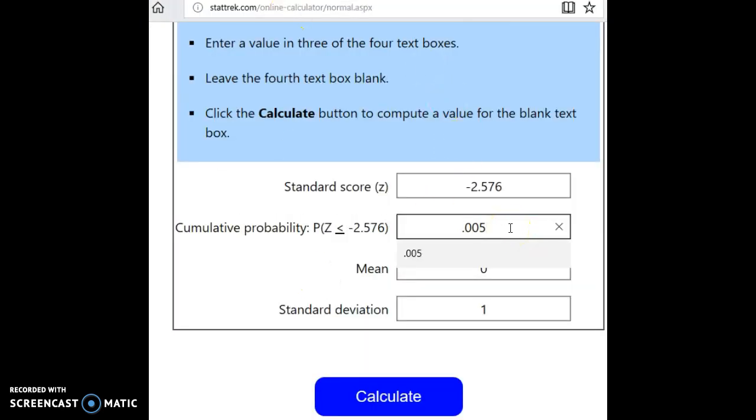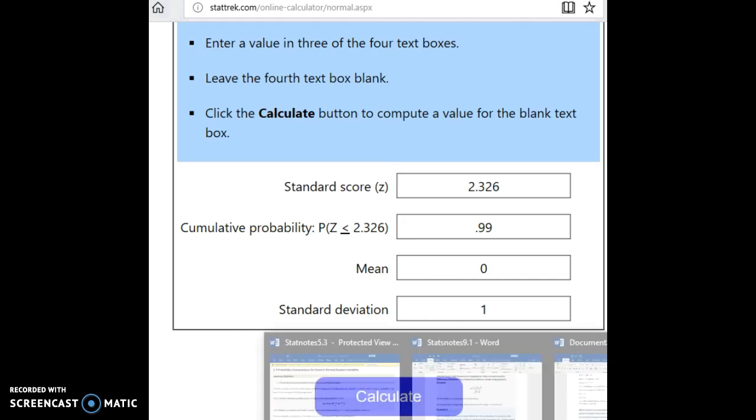I'll take out what I had before, and let's put 0.99 in the box. And it tells us it's 2.326.